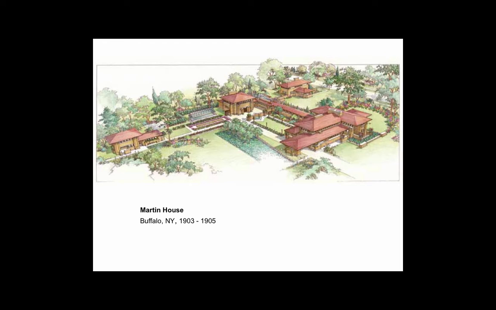Another house of that period is the Martin House, which is spread out into the landscape, and we'll go into this in some detail later in the course. This house is of interest to us today because it has been totally restored.